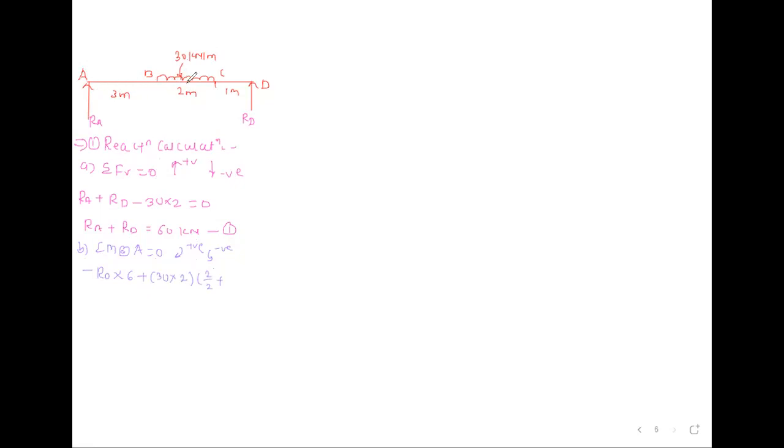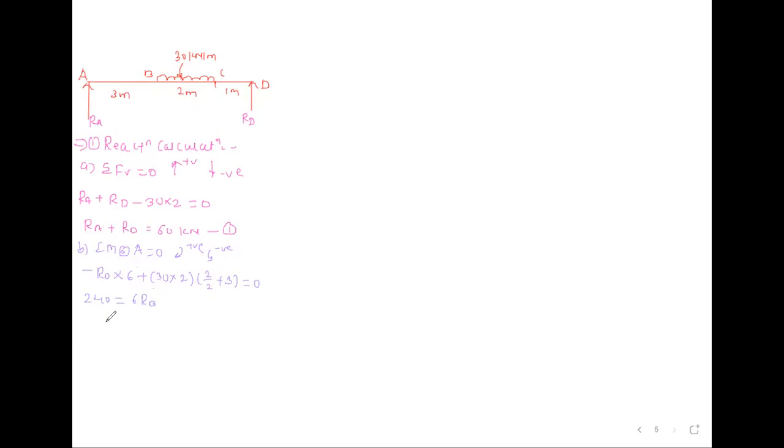Why? Because it will act at its CG, but we are taking moment at A. So plus 3, which is equal to 0. We will shift this minus 6RD to right side. So 30 into 2 into 4. How much? 30 into 2 is 60. 240, no? Yes, yes, ma'am. 240, which is equal to 6 RD.